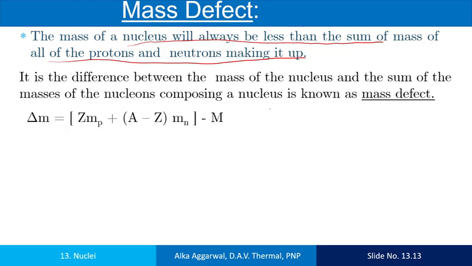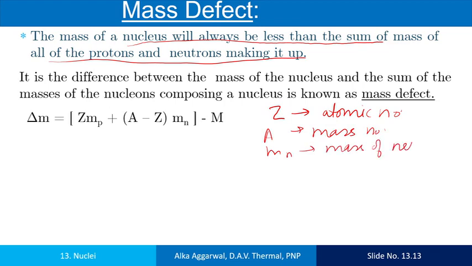Here, Z is the atomic number, A is the mass number, Mn is the mass of a neutron, M is the mass of the nucleus of the given atom.